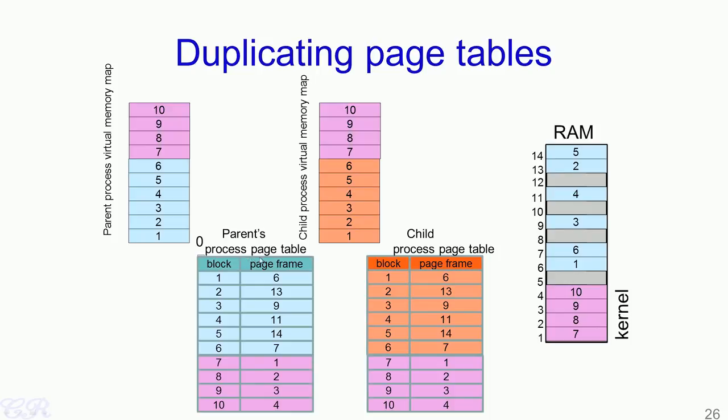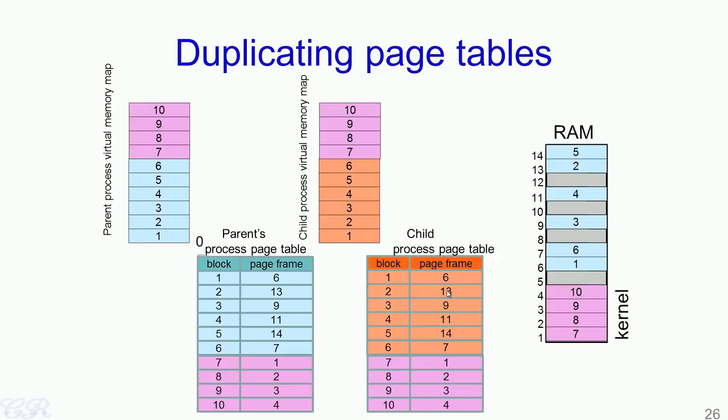What it means is that block 1 in the parent as well as block 1 in the child point to the same page frame, that is 6. Similarly, block 2 in the parent as well as block 2 in the child point to the same page frame 13, as seen over here as well as in the child's page table.